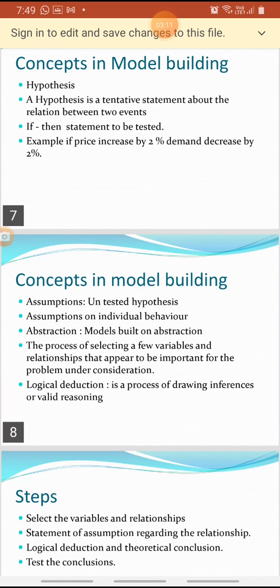The fourth is the process of selecting a few variables and relationships. Then logical deduction. It is a process of drawing inferences from valid reasoning. We use our logic to get a conclusion; that is logical deduction. These are the concepts under model building: hypothesis, assumption, abstraction, the process of selecting a few variables, and logical deduction.